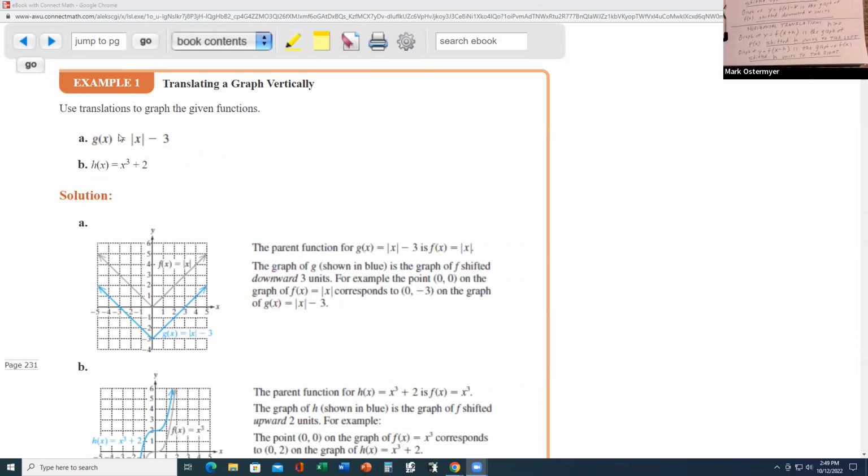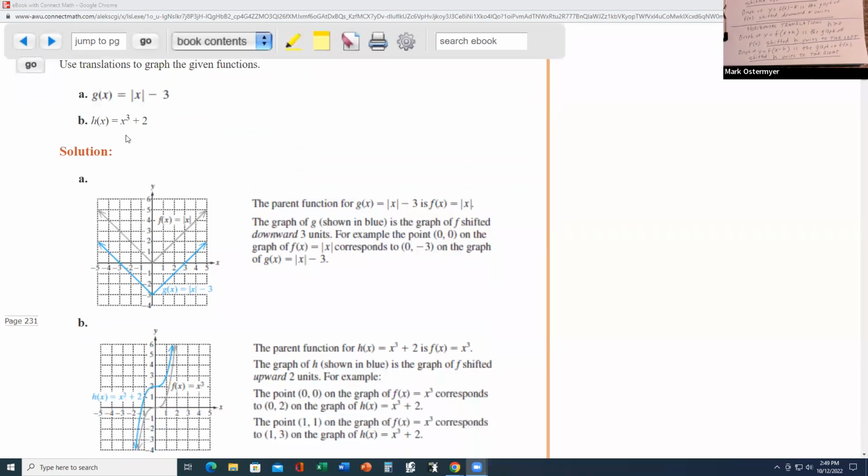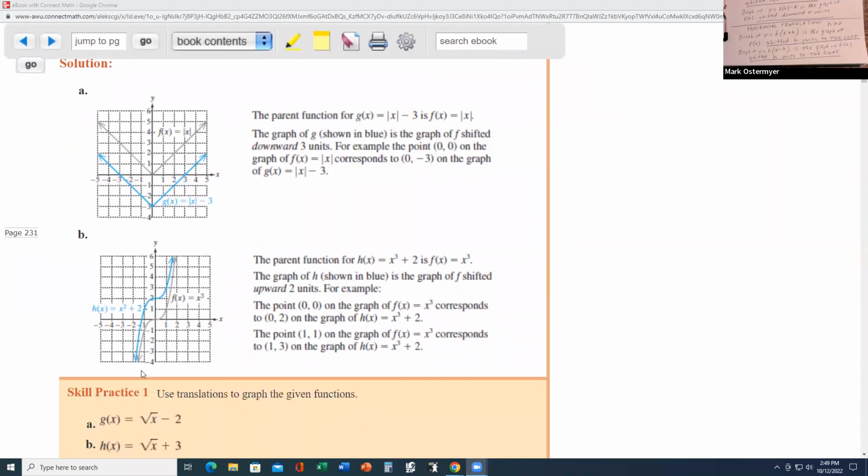If you take the graph of the basic absolute value function and form a new function g of x by subtracting 3, that causes the V-shaped graph to be shifted downwards 3 units. Next, if you take the basic cubic function's graph and form a new function h of x by adding 2 to f of x equals x cubed, that causes the graph to be shifted upwards 2 units.